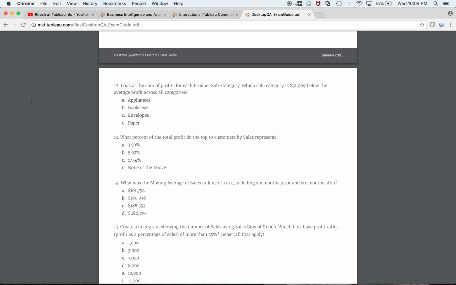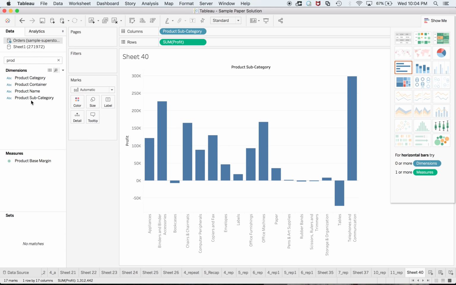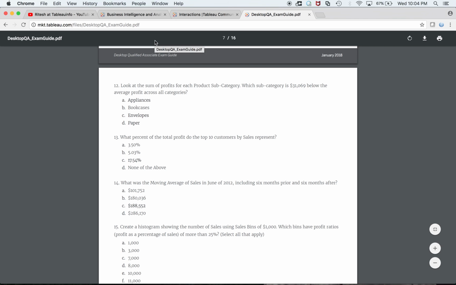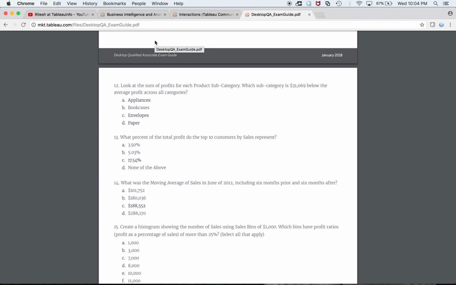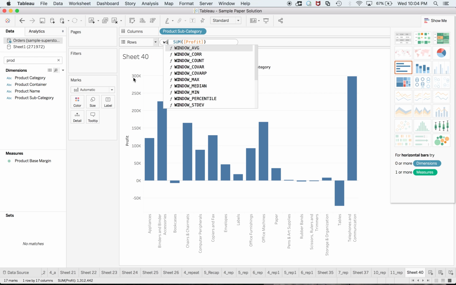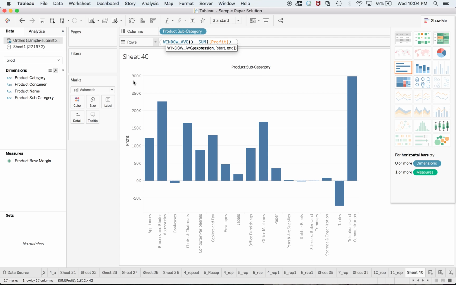So we need overall average. You know that we already made use of this formula earlier as well. So overall profit average profit, window average of sum of profit.